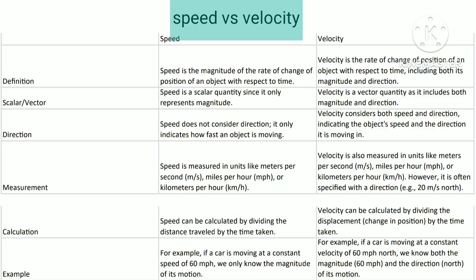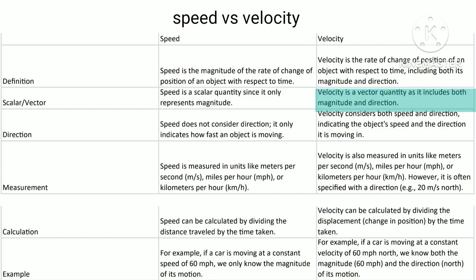Speed versus velocity. Definition: speed is the magnitude of the rate of change of position of an object with respect to time. Velocity is the rate of change of position of an object with respect to time, including both its magnitude and direction. Scalar or vector: speed is a scalar quantity since it only represents magnitude.